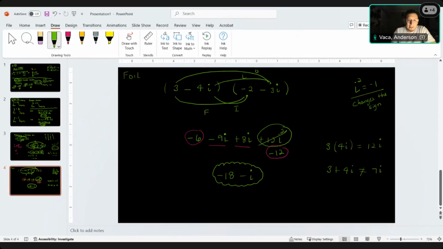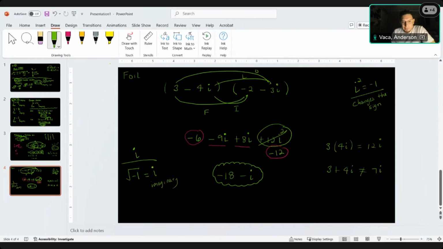All right. So for those of you that came a little late, where does this i come from? It comes from the fact that the square root of -1 is impossible to get. So mathematicians said that we're going to call this the imaginary unit, and we use just i for the imaginary unit.